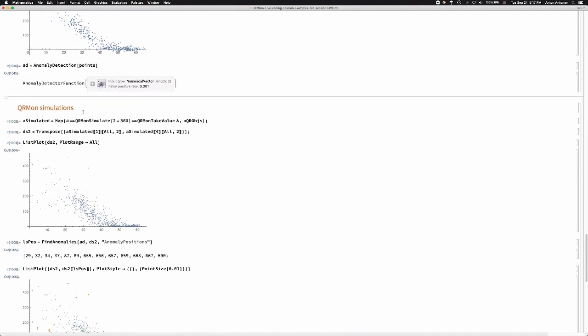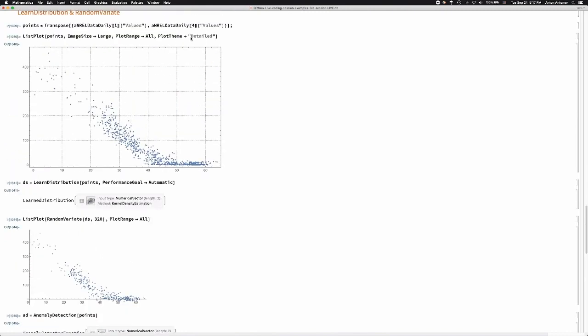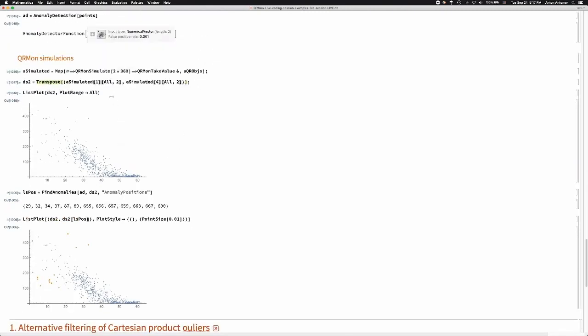So here I have taken the simulations. I'm simulating over the objects I have, and here we can see the simulated points. This is the first variable and the fourth variable, which is also being used here. And let's see how it looks.